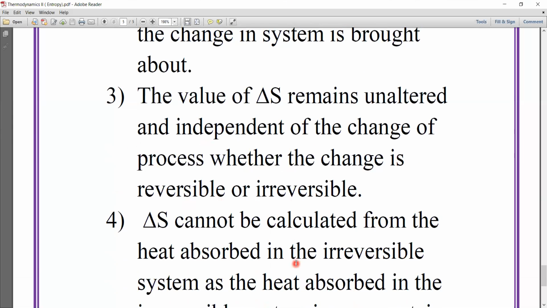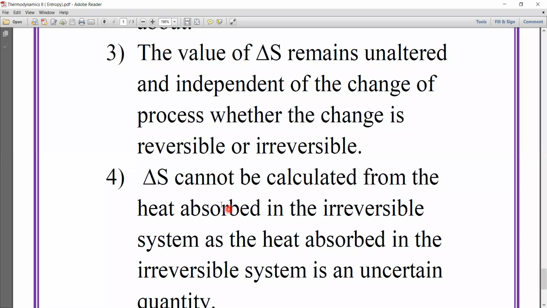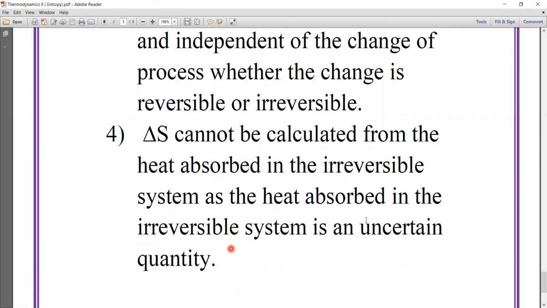Next, delta S cannot be calculated from the heat absorbed in an irreversible system, as the heat absorbed in the irreversible system is an uncertain quantity. So that is the fourth characteristic: delta S cannot be calculated from the heat absorbed in the irreversible system. यानी irreversible system में हम delta S calculate नहीं कर सकते क्योंकि the heat absorbed in irreversible system is an uncertain quantity.